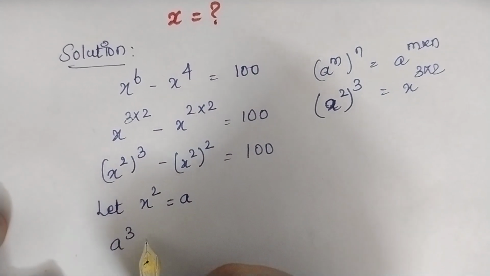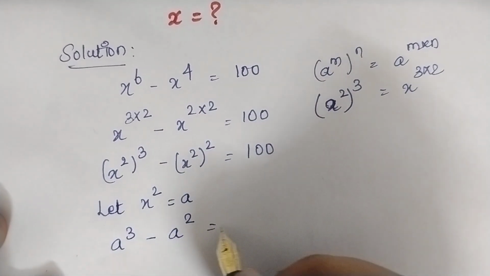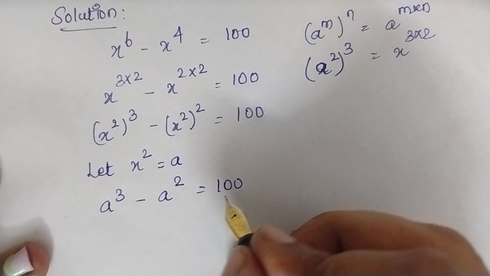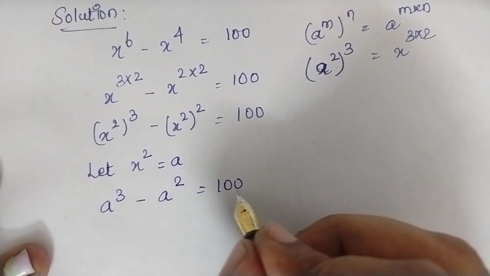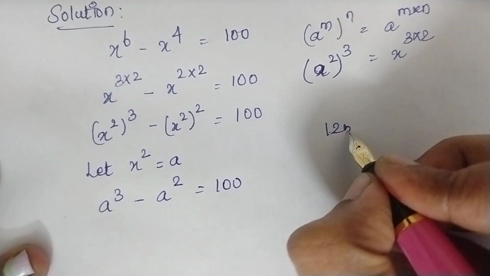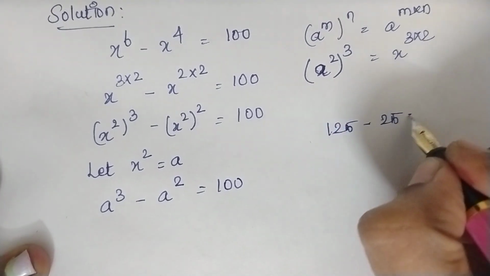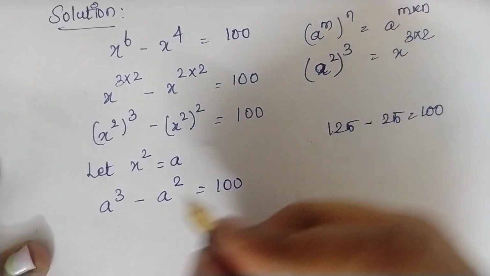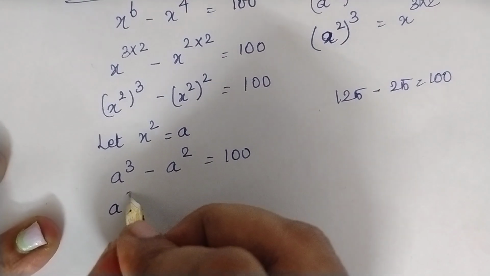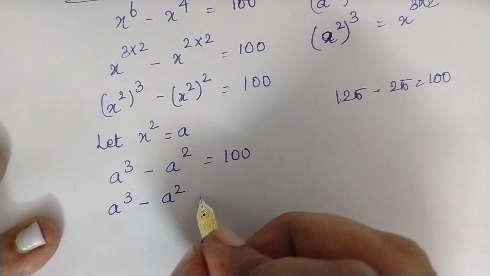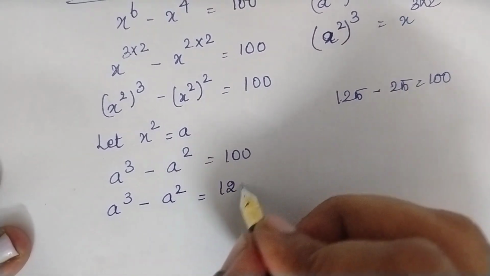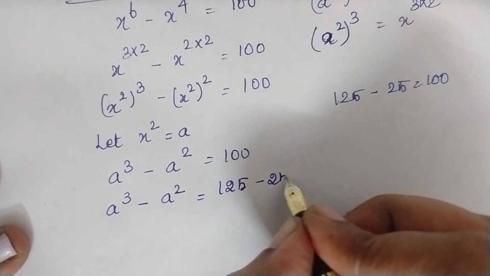Therefore a cube minus a square which is equal to 100. So now I am going to change this 100 as 125 minus 25 is equal to 100, is it? So just apply that. Therefore a cube minus a square is equal to 125 minus 25.